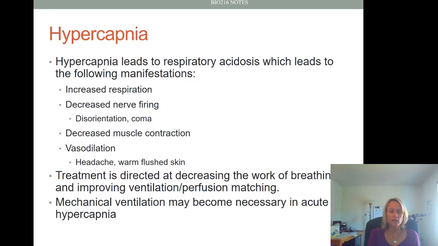With hypercapnia, treatment is going to be directed at decreasing the work of breathing. Okay, maybe improve that ventilation. And improving ventilation to perfusion mismatching. If we have acute hypercapnia and it's causing respiratory acidosis, then mechanical ventilation may become necessary in order to get rid of that CO2 in the blood.